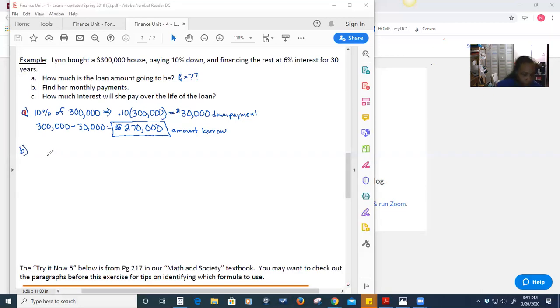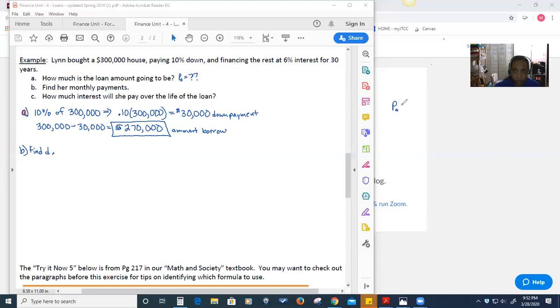Okay. Part B is saying find her monthly payments. So this time we are finding D. We know everything else. So I'll come over here and write the formula again.